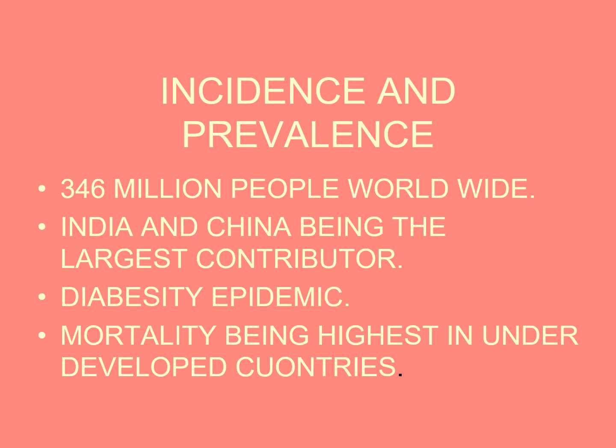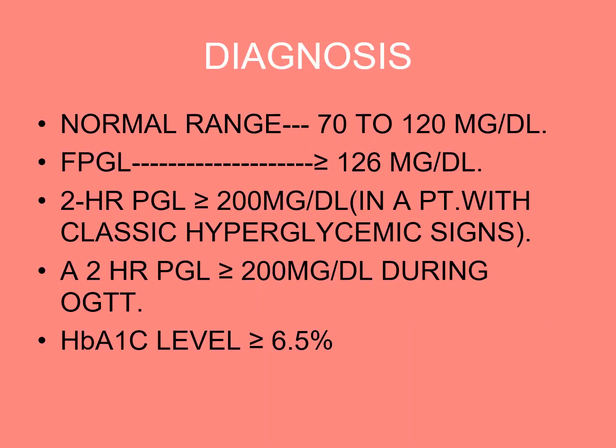It is increasing because our normal daily life has become more sedentary, with more intake of proteins and more intake of carbohydrates, and mortality is definitely higher in our countries, that is the underdeveloped countries, because of the lack of proper, in-time diagnosis and medical intervention.